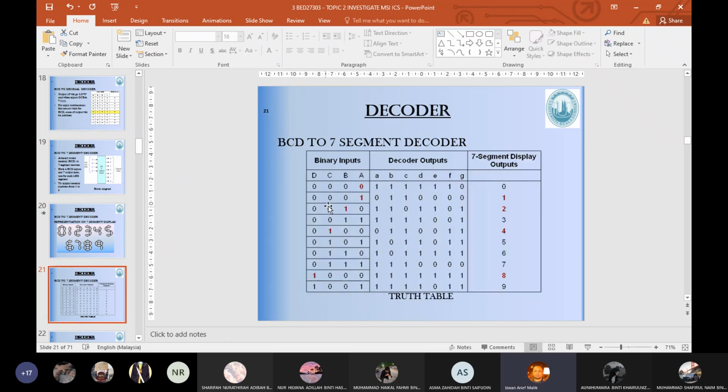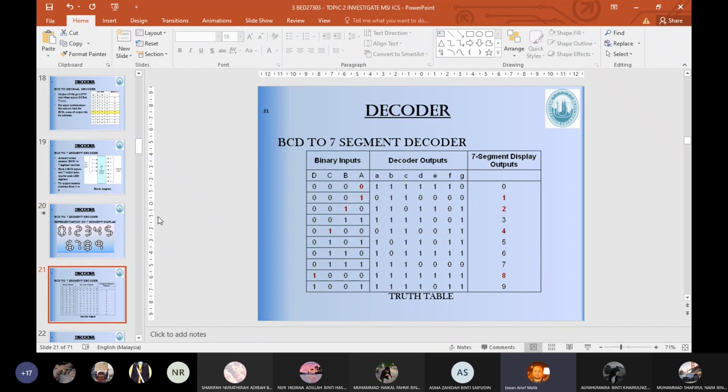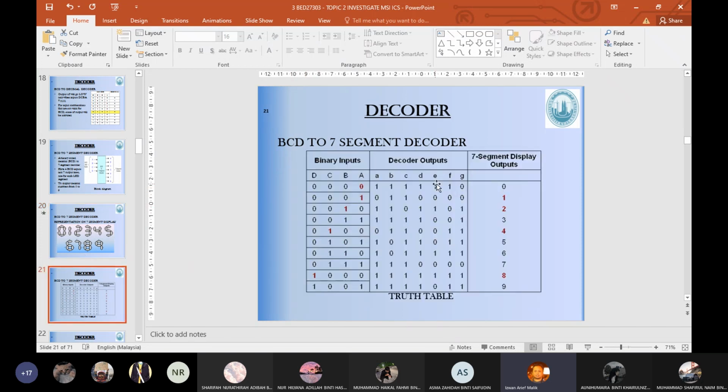Okay. So 0000 means that okay, kalau macam ni dia aktif, ni aktif high lah. Kalau 0000 means that dia akan keluar nombor kosong. So bila you nak nyalakan A, B, C, D, E, F ni, maksudnya dekat sini dia adalah 1. So sini dia jadi active high lah. So dia akan jadi 0.